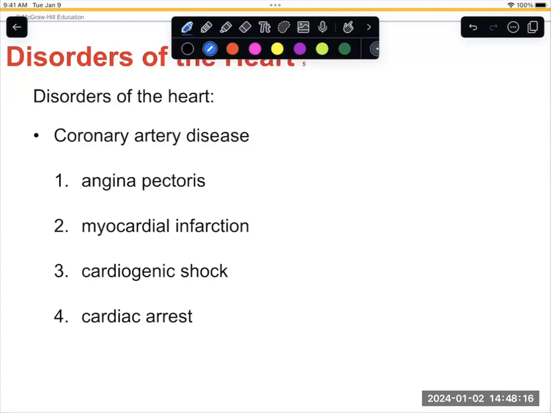Myocardial infarction is the medical term for a heart attack. This is when blood supply is cut off to an area of the heart muscle and that tissue dies. Myocardial infarction means death of heart tissue. Cardiogenic shock is going to cause a weak, rapid pulse and a decreased blood pressure in a patient who is pale, cold, sweaty, and anxious.